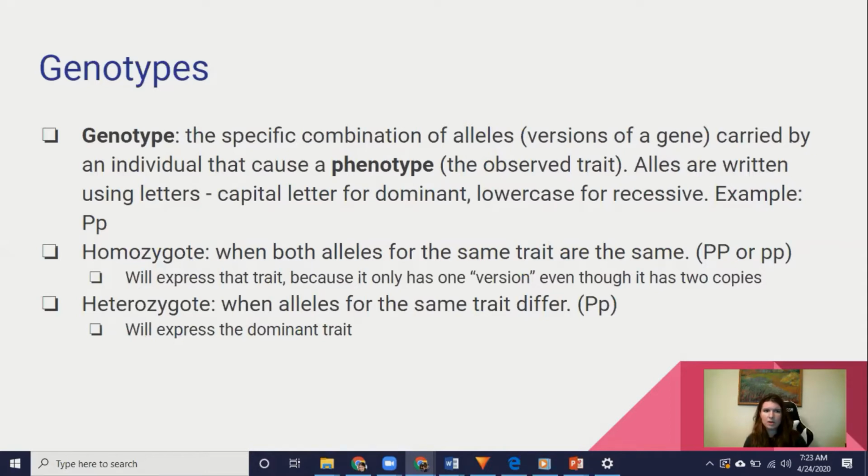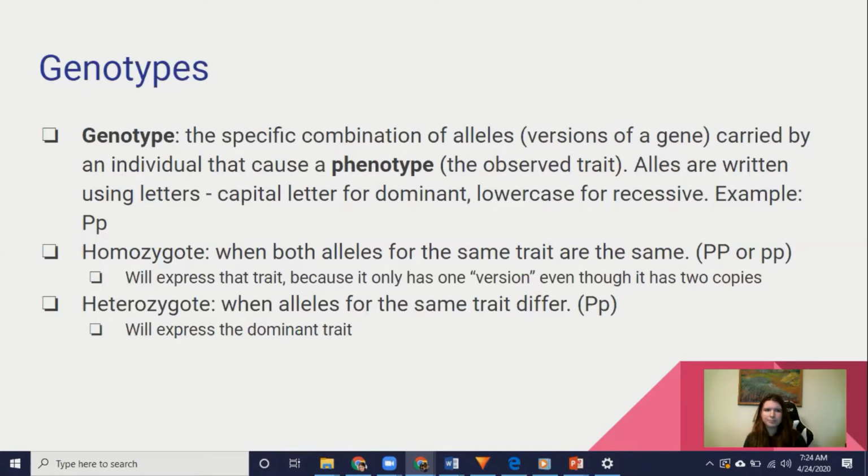Sometimes pea flowers are purple, so our dominant purple color would be a capital P. Sometimes pea flowers are white, but that's a recessive trait, so we'd mark that recessive trait with a lowercase p. We're going to still use that letter P from the dominant trait so that we know we're tracking the same gene, because you might be tracking flower type, seed shape, seed color, and it's important to know which genes go with which.